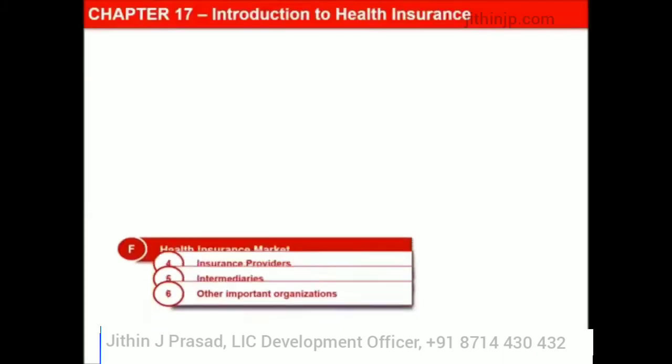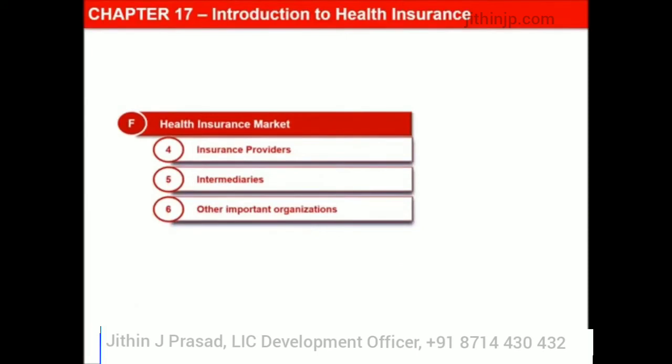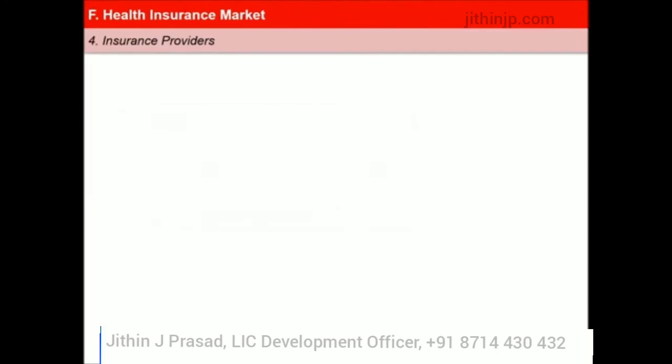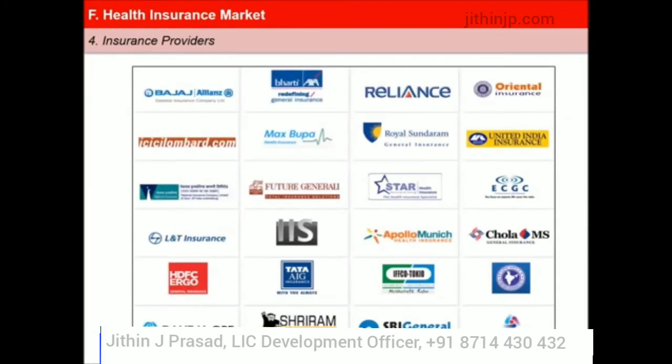In this last video of the lesson, Introduction to Health Insurance, we will learn about some more concepts of the health insurance market. One of the important categories of the health insurance market is insurance providers. Insurance companies, especially in the general insurance sector, provide the bulk of health insurance services.